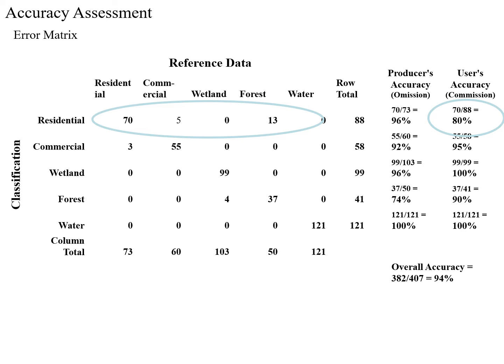So we add up those three numbers and divide by 88. Okay, so we have 88 points that we're interested in on the map, and we want to know of those, how many of those were correct? 70. So then that's just 70 divided by 88, or 80%.